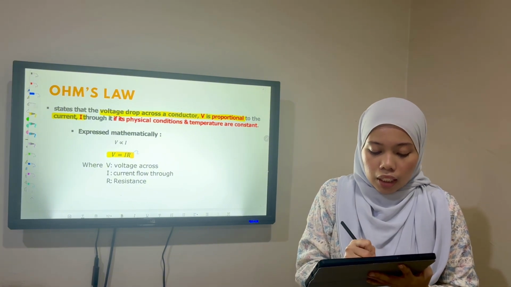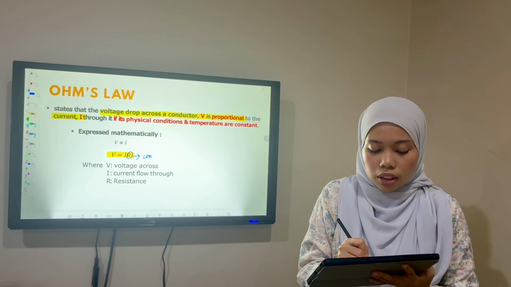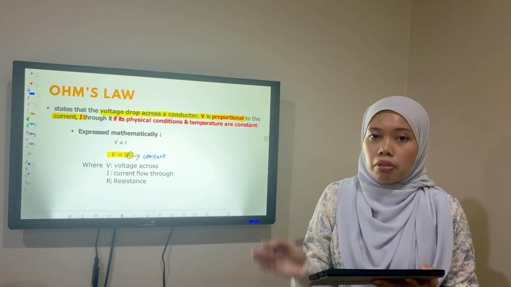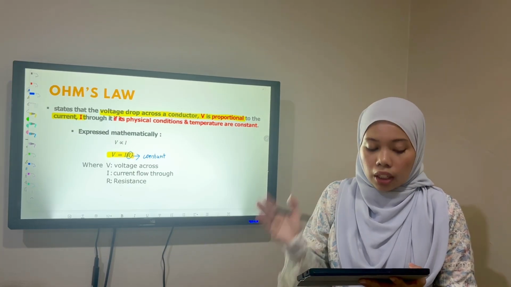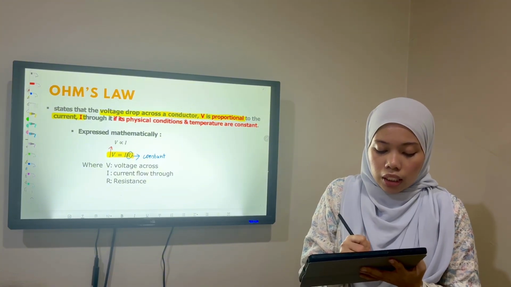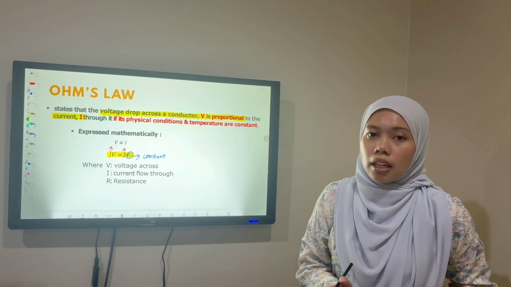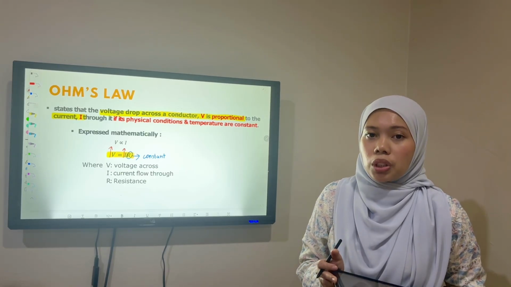If we assume the resistance is a constant, what happens to the relationship between voltage and current? We could see that when we increase the voltage, the current also increases, meaning that they are directly proportional to each other.